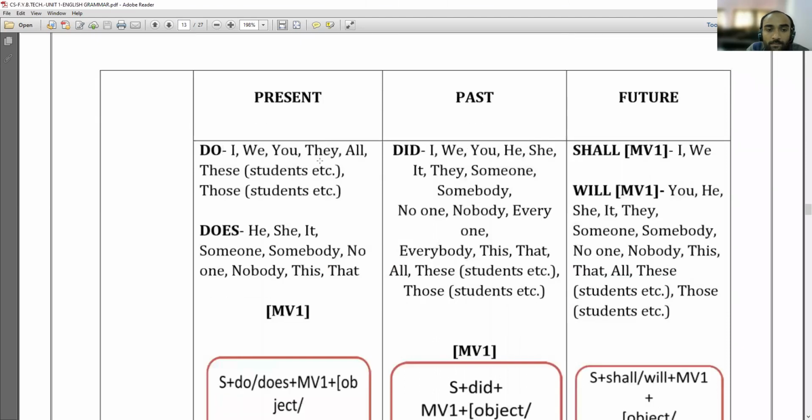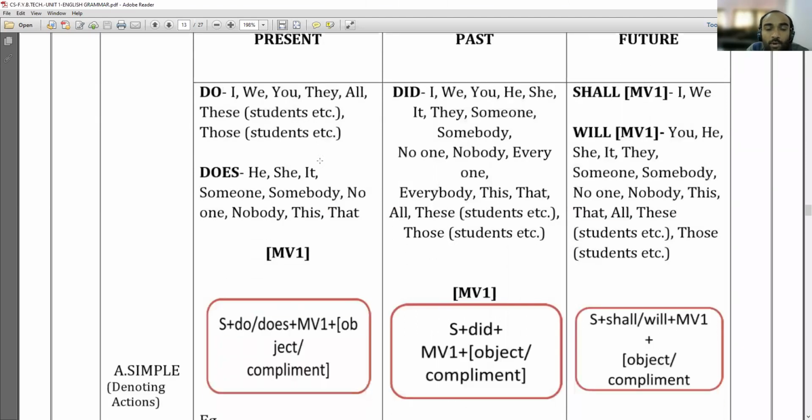So in the present tense, for denoting the actions we use do or does.